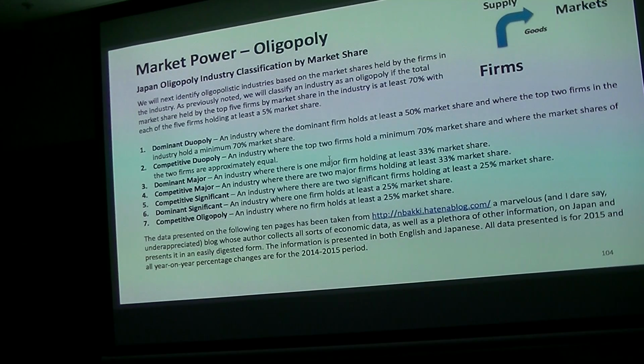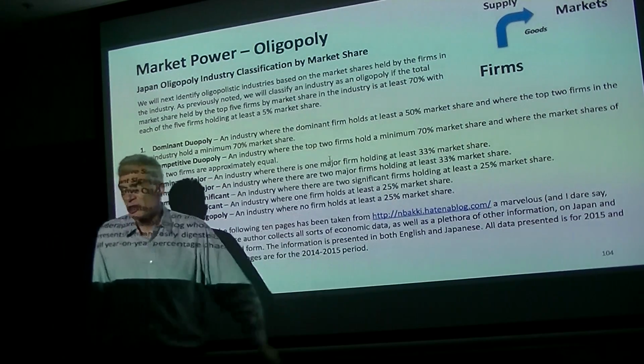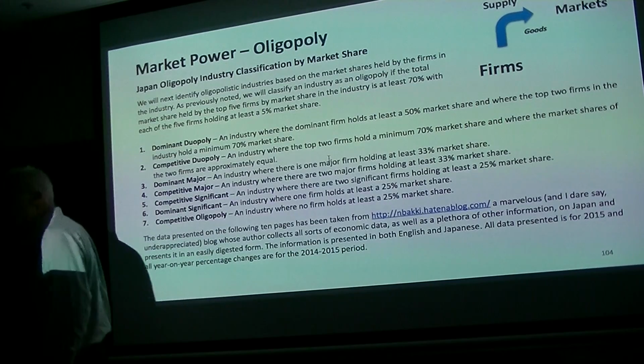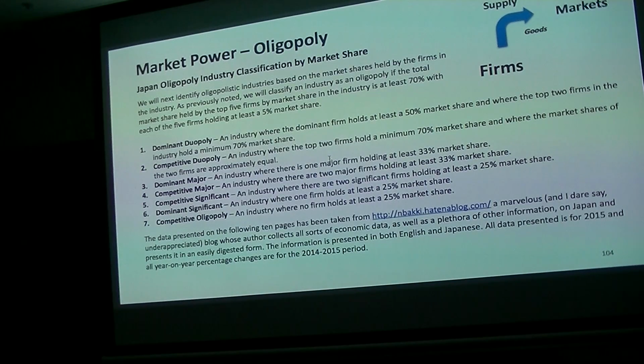Competitive significant: at least 2 firms holding 25% market share. Dominant significant: 1 firm holds at least a 25% market share and other firms are smaller. Competitive oligopoly: no firm holds at least 25% market share, but all the firms have at least 5% market share, and the total market share is at least 70%.